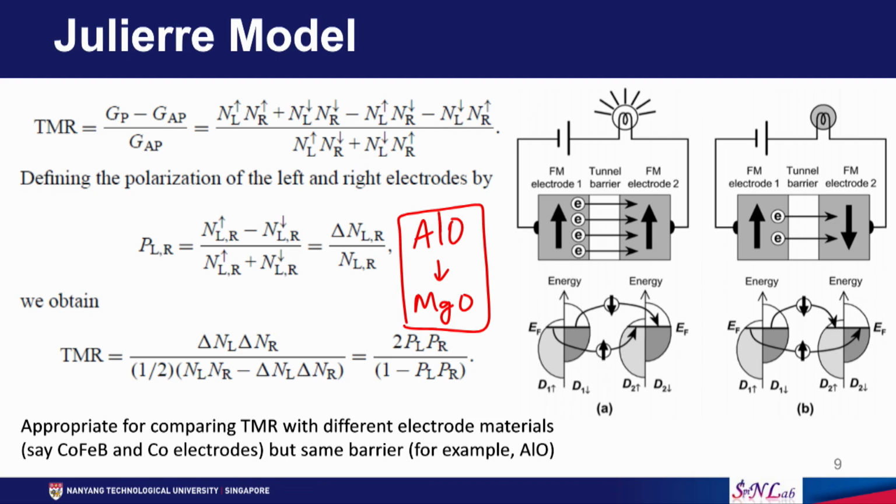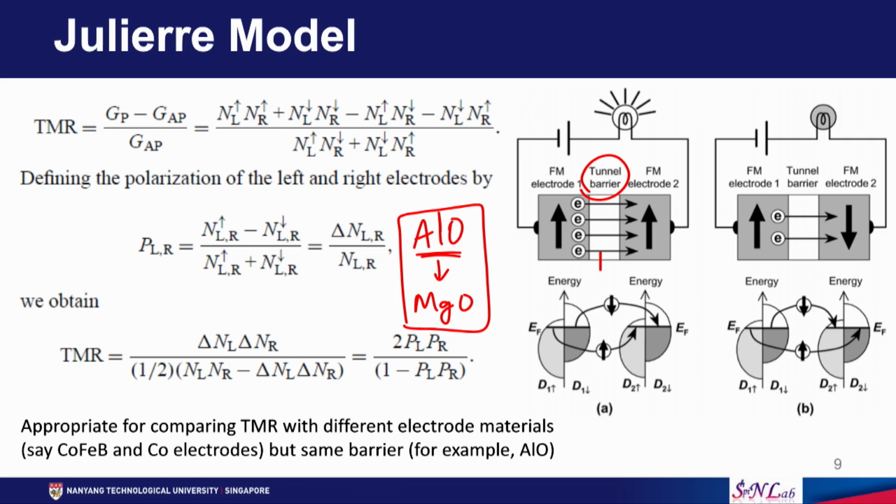The theory behind an aluminum oxide kind of tunnel barrier can be explained using the Julliere model. We briefly saw this during our TMR sensor theory part. In the case of a magnetic tunnel junction, we have two ferromagnetic layers. Their magnetization can be parallel or anti-parallel, and we have a tunnel barrier. In this case we just ignore the tunnel barrier.